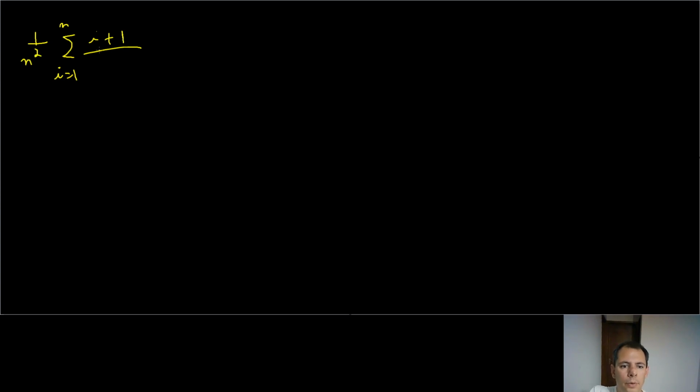All right. Now remember that the summation of two terms is the addition of the summations of the terms. So this is going to be the same thing as 1 over n squared, times the summation of i equal to 1 all the way to n of i, plus the summation of i equal to 1 all the way to n of 1, which is a constant, remember?